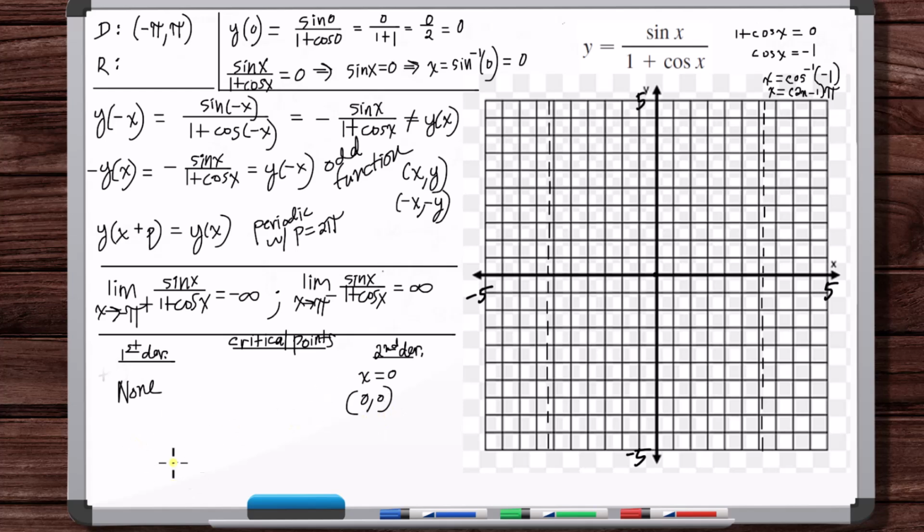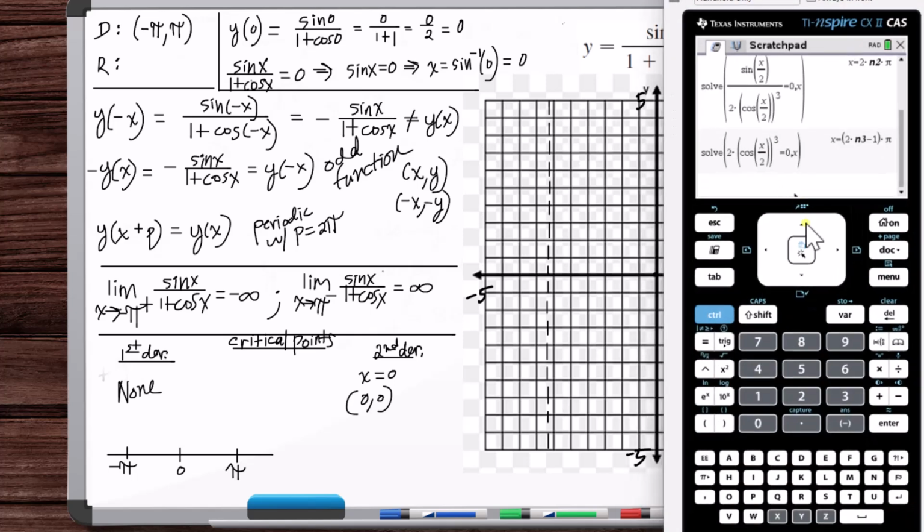Okay, so now let's do the intervals of increasing and decreasing. There are no critical points with respect to the first derivative. So that means that the curve in between minus pi and pi is going to be either always increasing or always decreasing. It's never going to change.